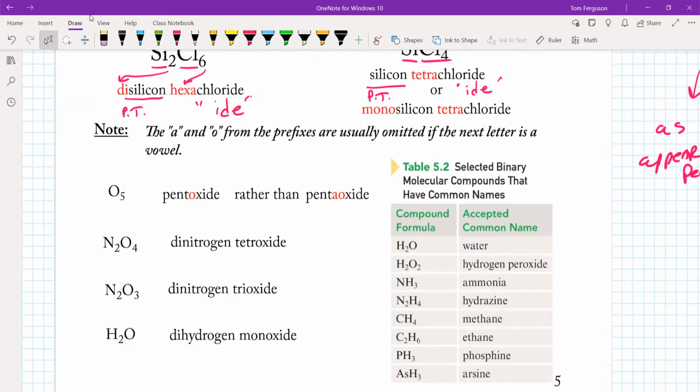Now, if there is only one element in the group, not two, for example, this N3, okay, you're going to name it like there is nothing here. So you're going to name it as an ide. Trinitride. Okay.